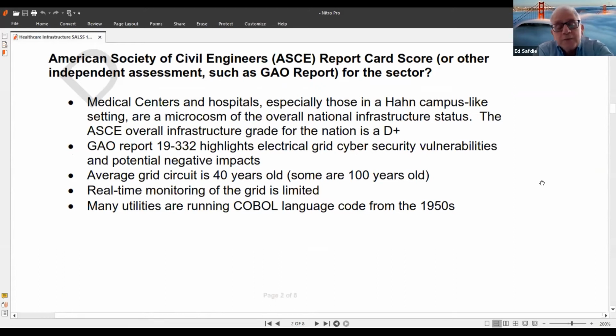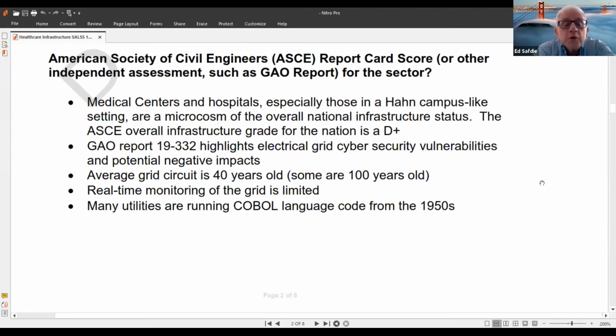There are many that come to mind in the Department of Veterans Affairs where I worked, like in Hines or Palo Alto or Los Angeles. These are miniature cities. If the overall grade for the infrastructure is a D+ or a C-, and all those sectors can affect the healthcare facility infrastructure, we need to pay attention to all of that.